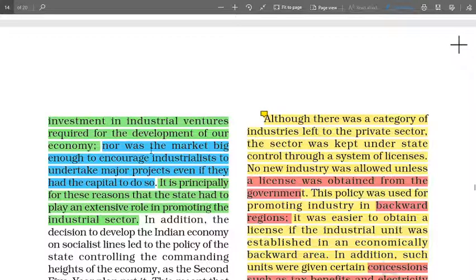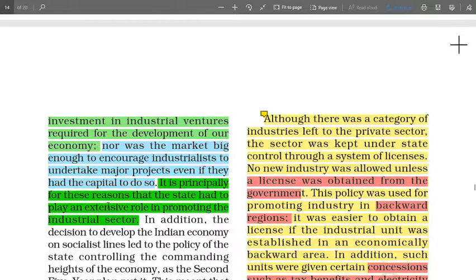At the same time, the market was not big enough. People were poor. There was not much to sell in our own market. So to undertake major projects, even if they have the capital, it's difficult for these private industrialists.